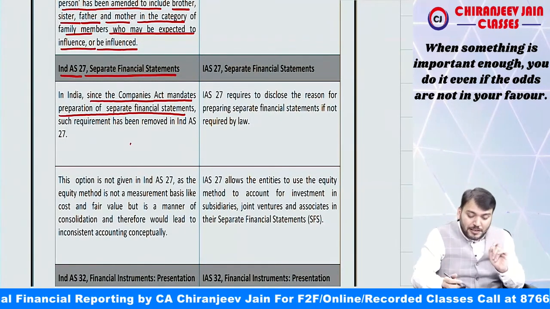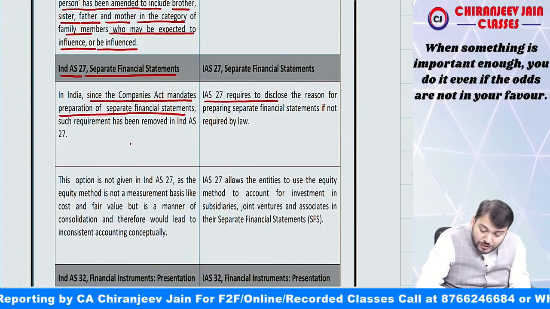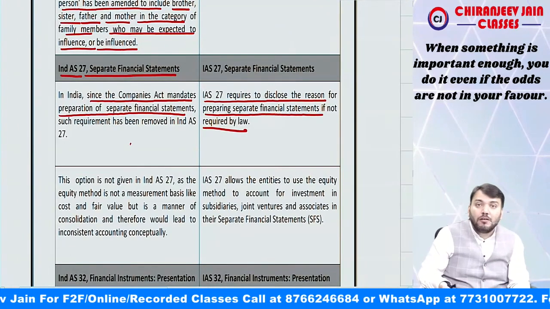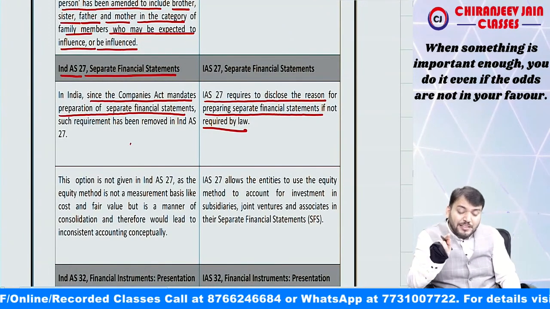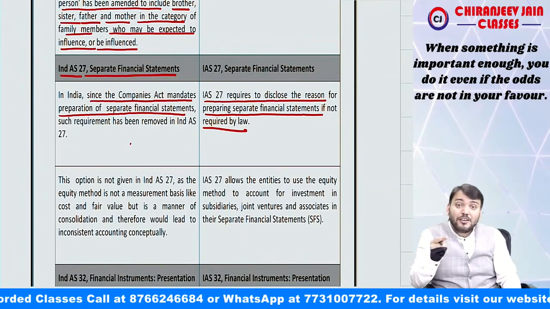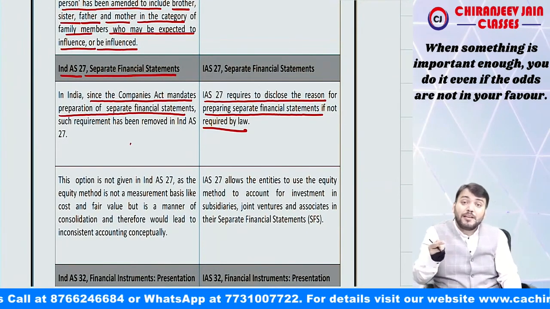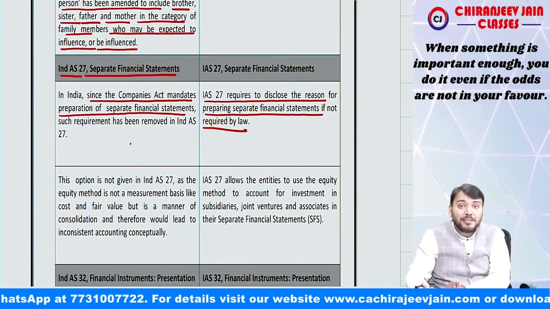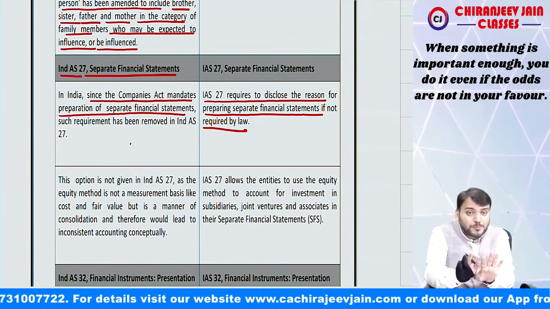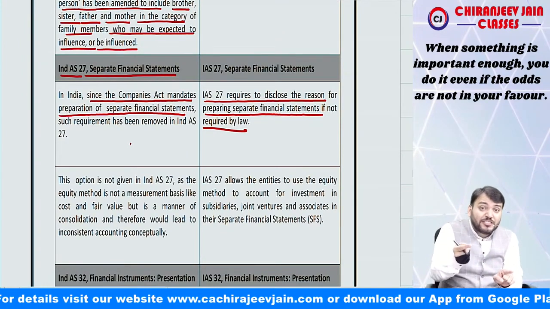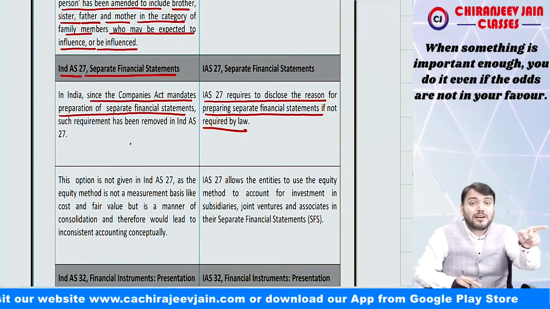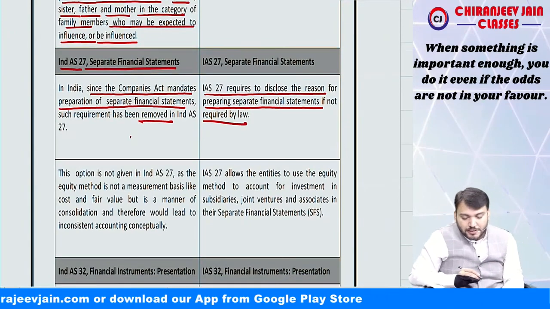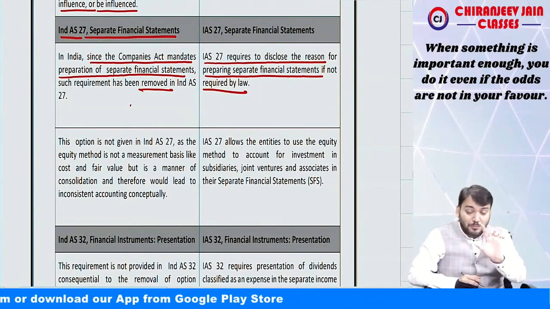So IAS 27 requires disclosing the reason for preparing separate financial statement if not required by law. Under IAS 27, they require a reason why you are preparing separate financial statement if not required by law. Means as per IAS 27, preparation of separate financial statement is optional. But in India, it is mandatory due to the Companies Act. Therefore, such para has been removed. Understood? Yes, sir. Correct.